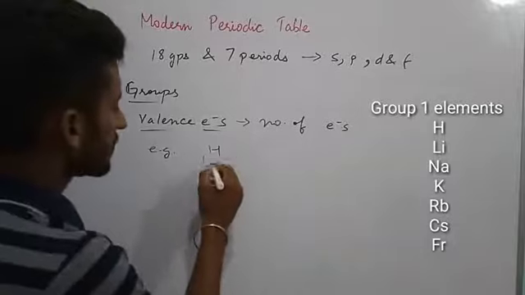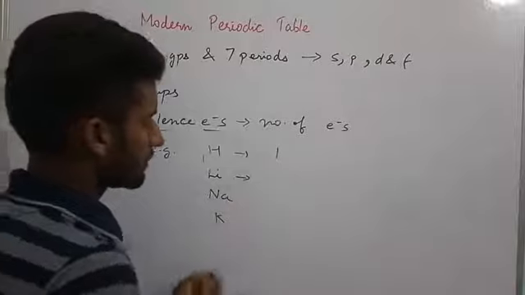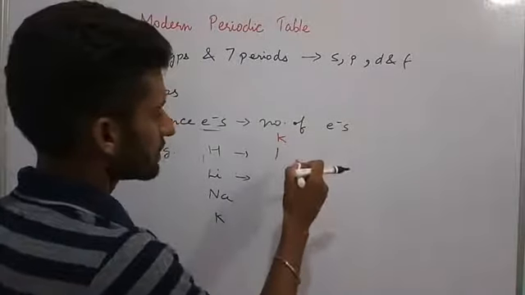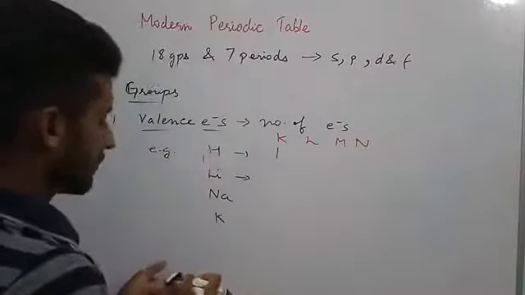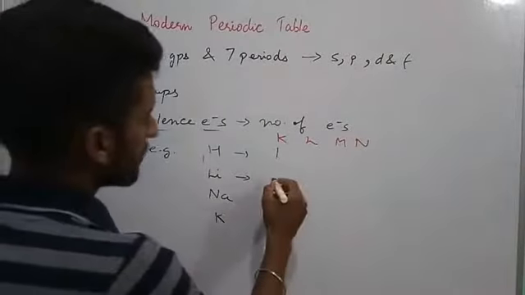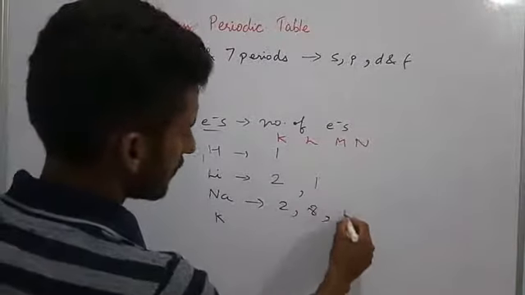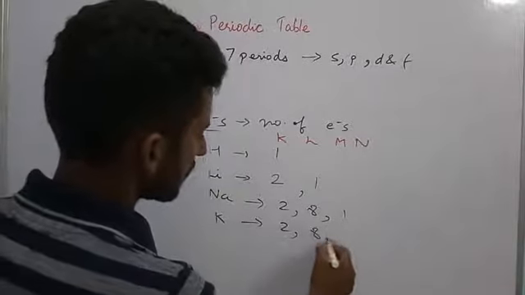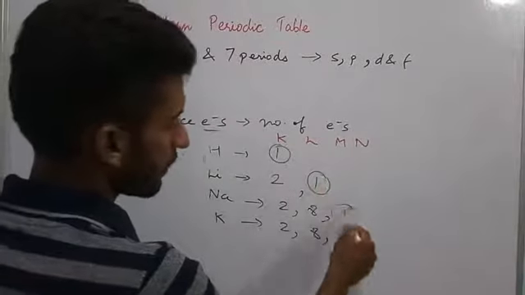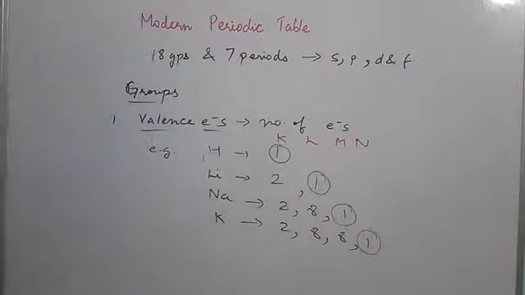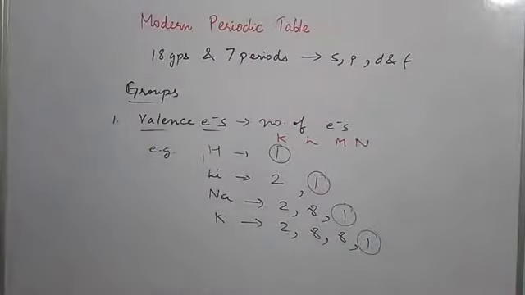So hydrogen has atomic number 1, so 1 electron, that will be present in the first K shell. In the next element, that is lithium, 2 and 1, then sodium it is 2, 8 and 1, and potassium it is 2, 8, 8 and 1. So you can see here 1 electron in the outermost shell, here also 1, here also 1 and here also 1. So it means number of valence electrons in a particular group remain the same.